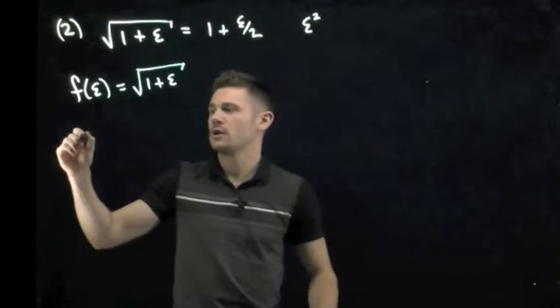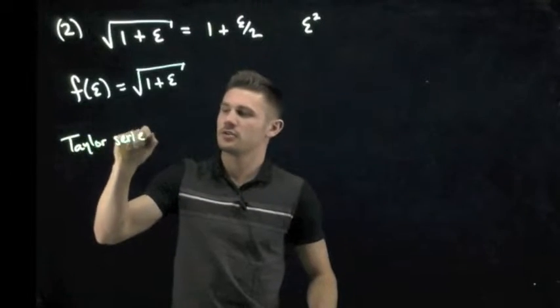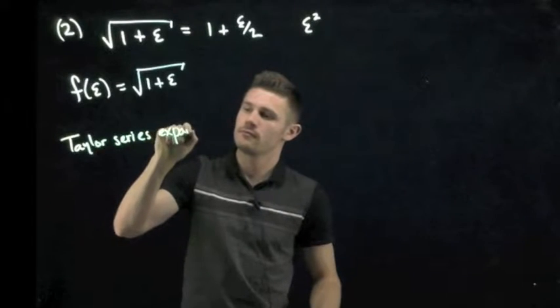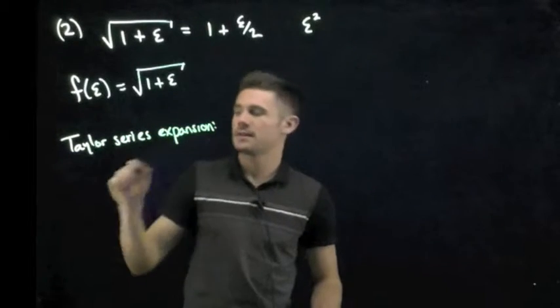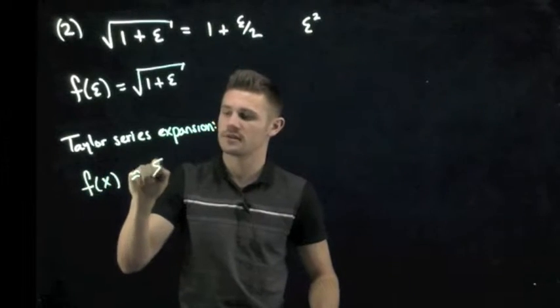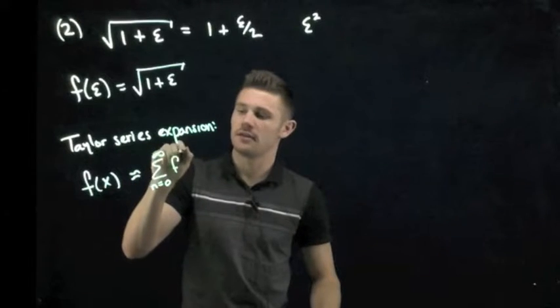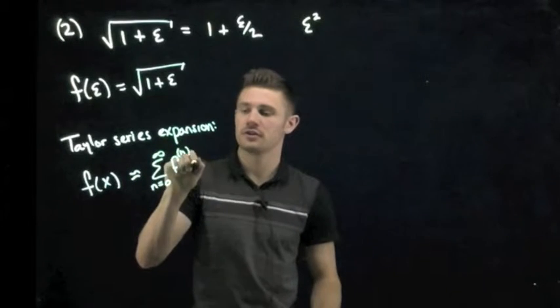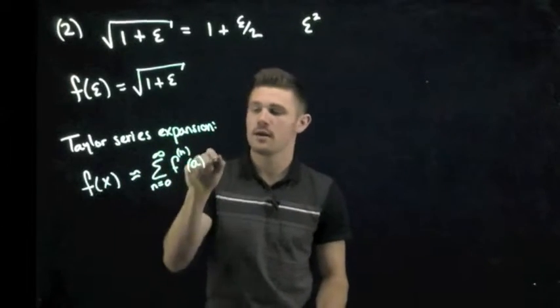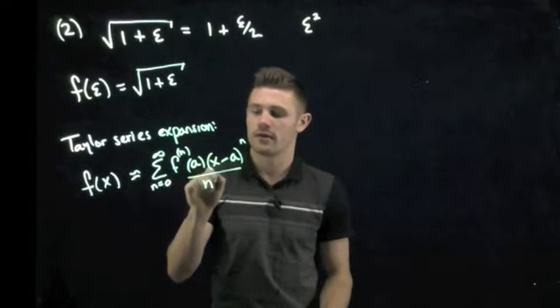So if we recall, the Taylor series expansion has the general formula: f of x is approximately given by the sum from n equals 0 to infinity of the nth derivative of our function evaluated at some position a, times x minus a to the power of n, over n factorial.